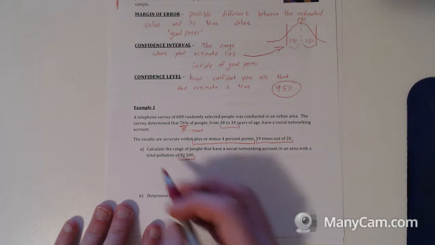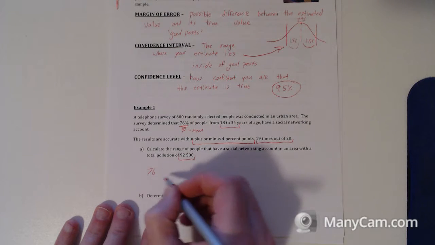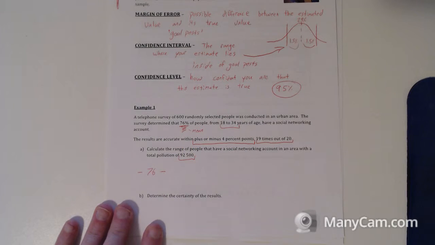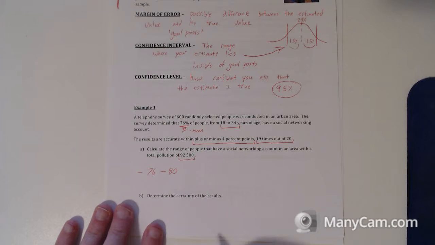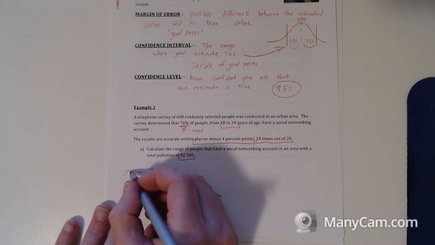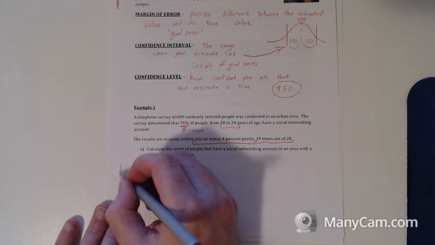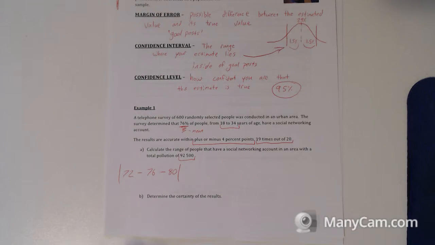So we know that 76 should be in the middle, and we can add and subtract 4% from there. So it should be anywhere between 80% of the population and 72% of the population. So really this is where my goalposts are. Somewhere between 72 and 80 percent of the population should be having this.